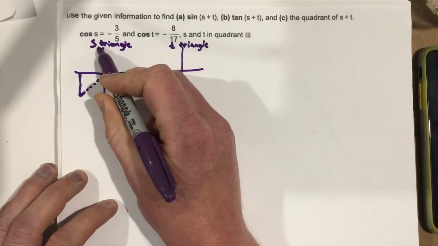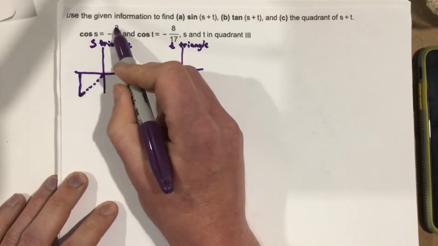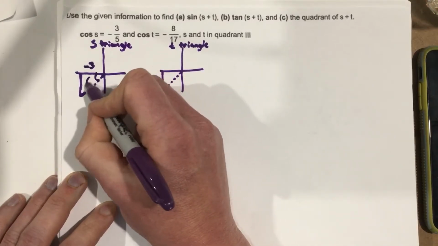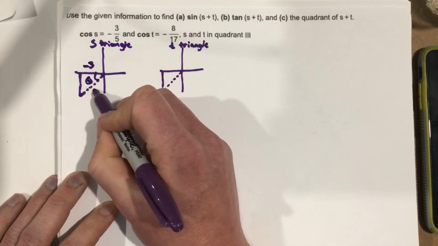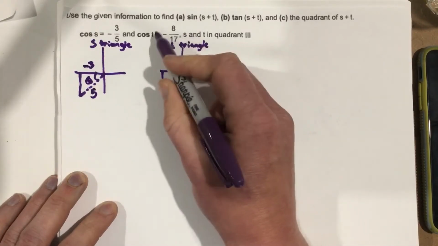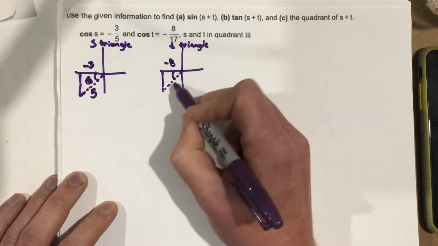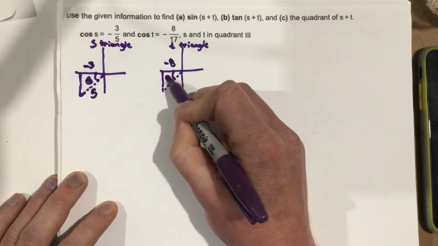Now, for the S triangle, they say cosine is negative 3/5. So that means that this is negative 3, because here's theta, and this is 5. And for the T triangle, this cosine is negative 8 over 17, because that's theta as well.